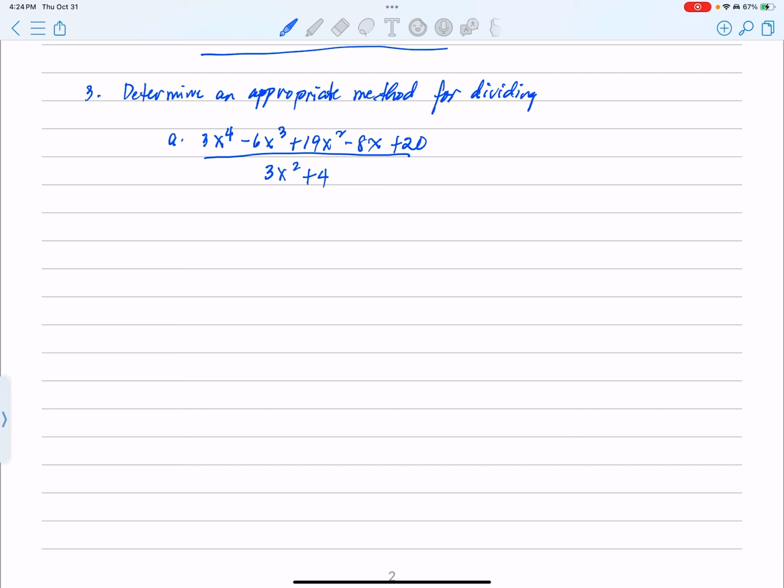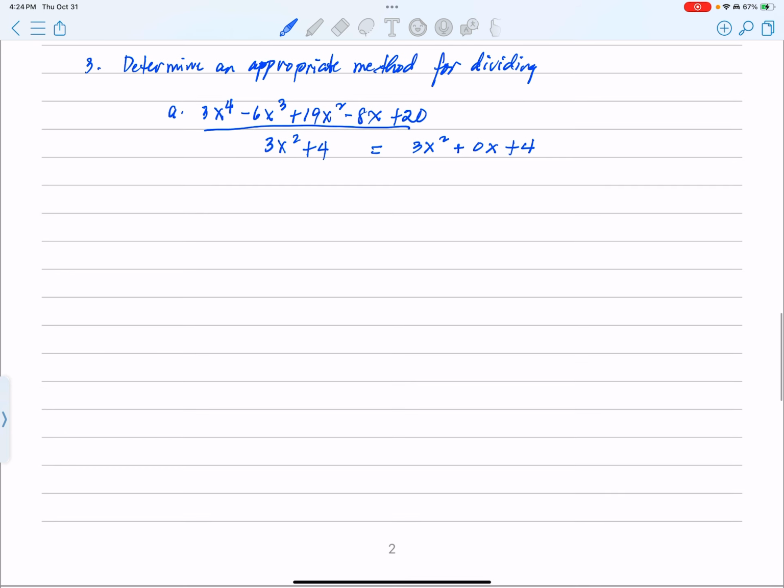So we need to add the 0 term so that the divisor would become 3x squared plus 0x plus 4.